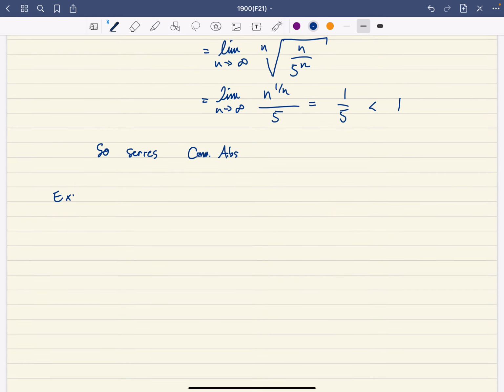Let's look at the sum of (2n)! over (n!)^2. We're going to look at the sum from 0 to infinity. What I want to do is apply the ratio test. The ratio test is going to be nicer here because when you have factorials, factorials are not powers of anything. There's something called Stirling's approximation, which shows you how to write the factorial as a power.